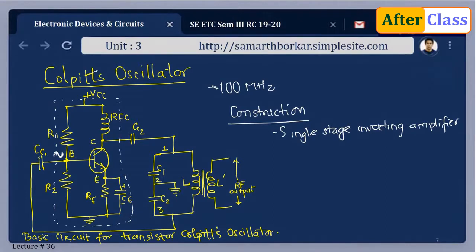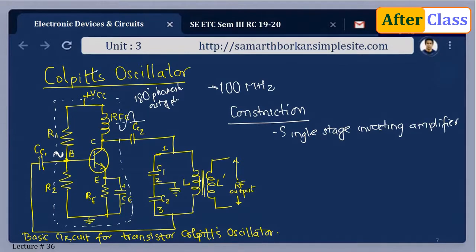Here it is an inverting amplifier, that means the output generated across the collector will be out of phase with respect to the input signal. During the first half, here this is positive, whereas at the output across the collector during the first half the signal is negative. This is what is referred to as 180 degree phase shift, also referred to as out of phase, or inverting amplifier. This is the common emitter circuit, and it is only in case of common emitter circuit that we get this phase reversal of 180 degrees.